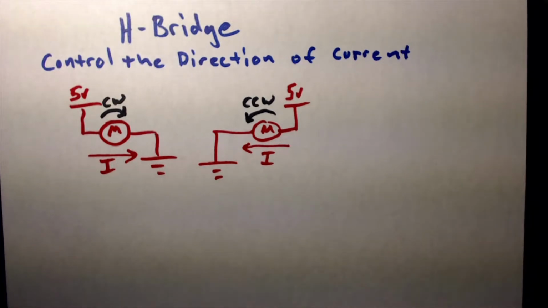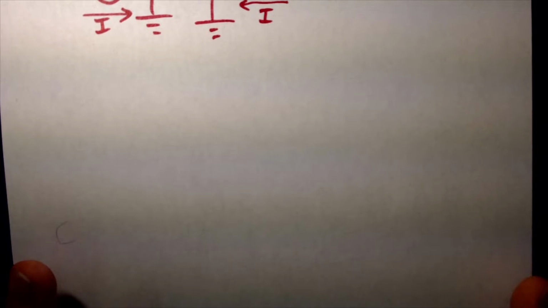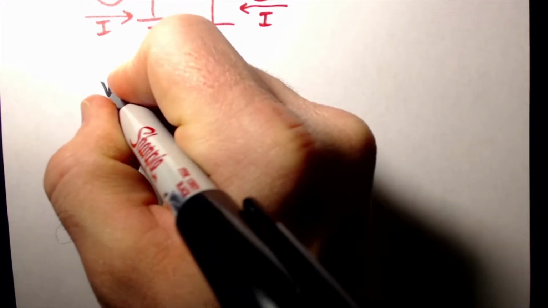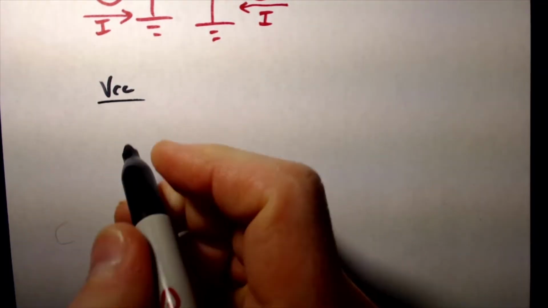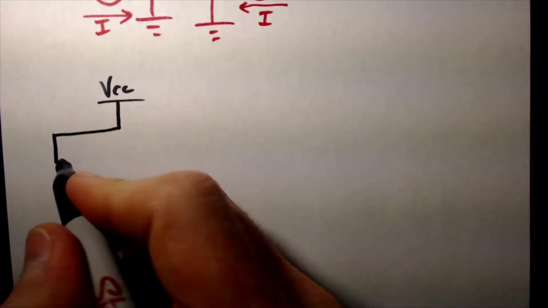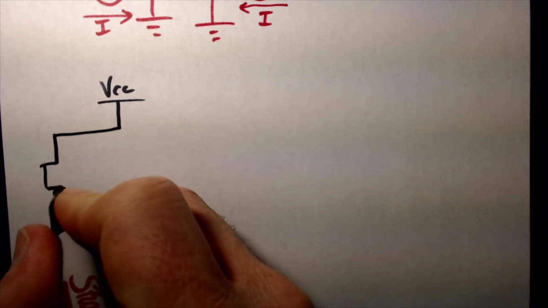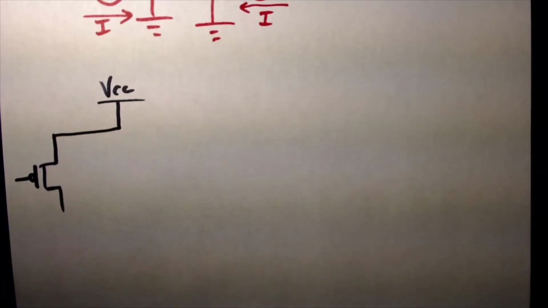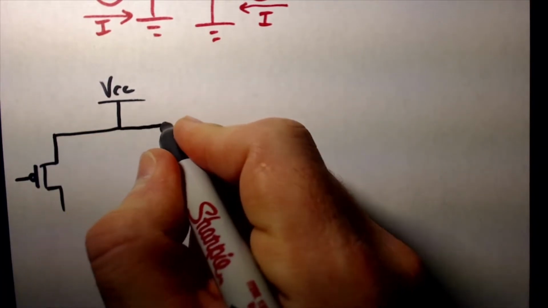So I'm going to go ahead and draw an H bridge using our abbreviated MOSFET schematic symbols. So let's do that. I'm going to give a common VCC, and I'm going to place some P-channel MOSFETs on the top.